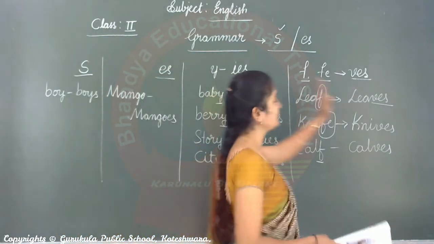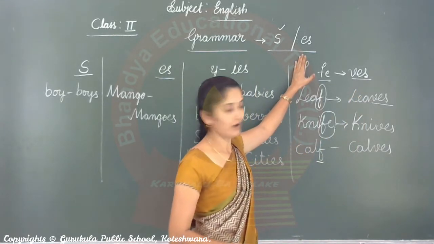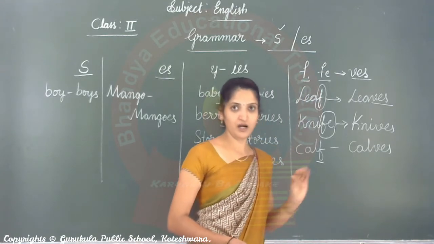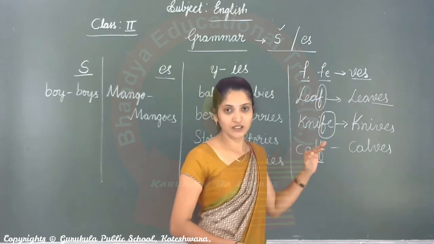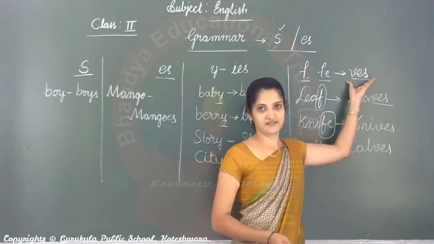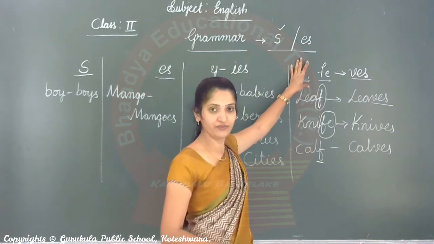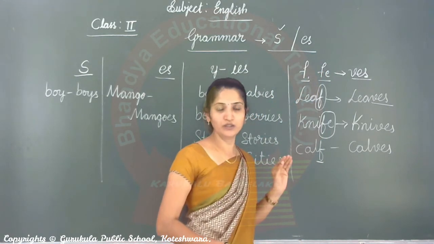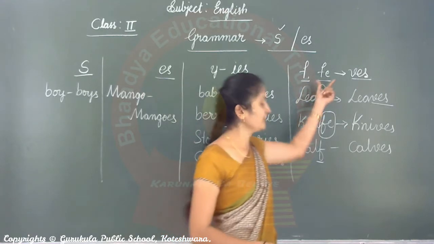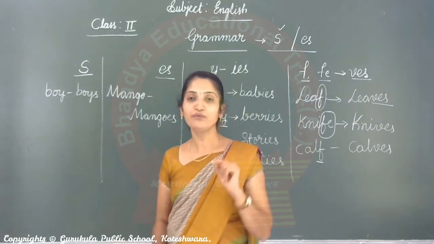Then this is another type of plural form. Here, F or FE at the end of the word. If it is F or if it is FE, what will come in the plural form? VES. Okay, if F comes at the end of the noun, or FE comes, in its plural form you must add VES.